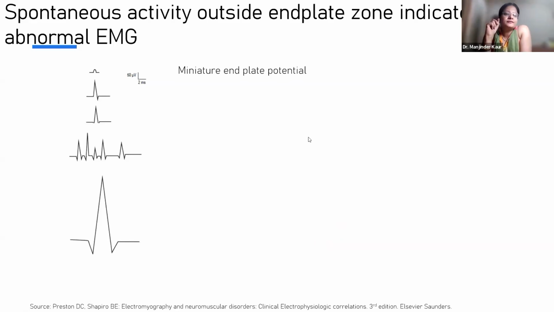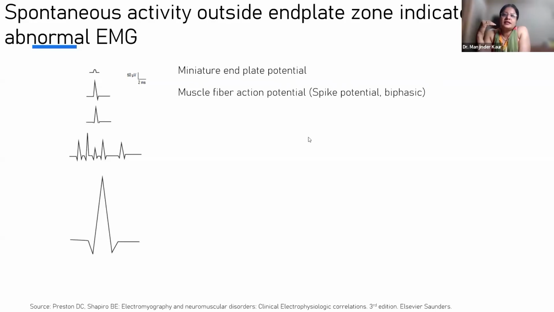So the spontaneous activity is the one which happens without any prior stimulation, right? So if the synaptic vesicles, they keep on fusing, and only a few synaptic vesicles they fuse and they release its neurotransmitter, so this type of spontaneous activity at end plate is called as miniature end plate potential.